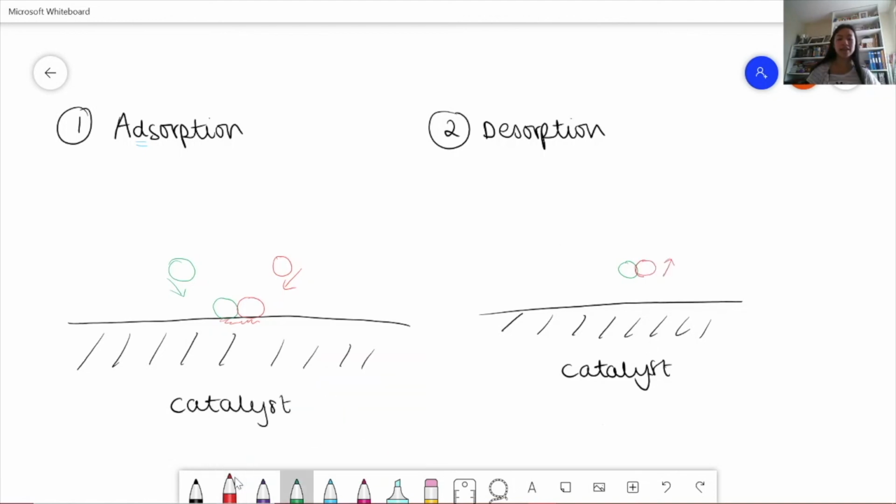And this means that these incoming gases have room to do the same thing, and not necessarily just two gas molecules react on the catalyst. There are many particles reacting at the same time.